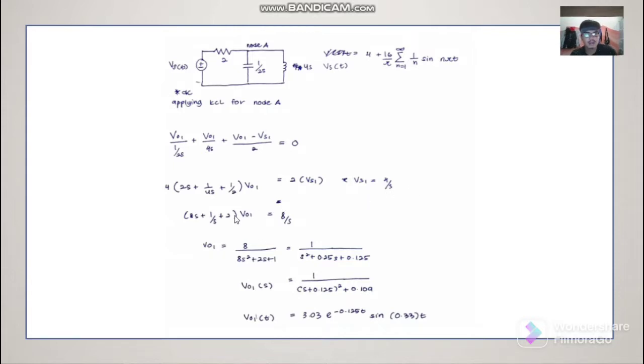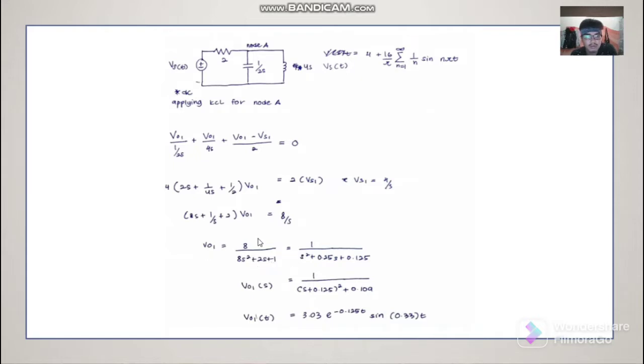And then we simplify it. 4 multiplied by 2, 4 multiplied by 1 over 4, 4 multiplied by 1 over 2. So we will get the answer (8S squared plus 2S plus 1) over S, times VO1, equal to 8 over S, because 2 times 4 over S is 8 over S. Then we find VO1 equal to 8 over (8S squared plus 2S plus 1).